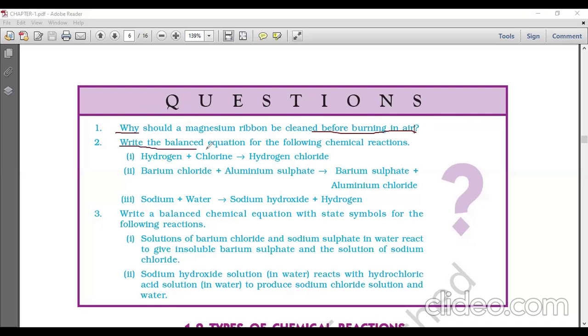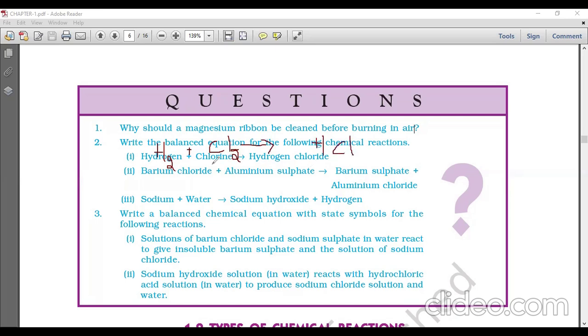The second one is: write the balanced chemical equation for the following chemical reactions. The first one is asking for the balanced equation for hydrogen. Hydrogen H2 plus chlorine Cl2 gives rise to hydrogen chloride HCl.